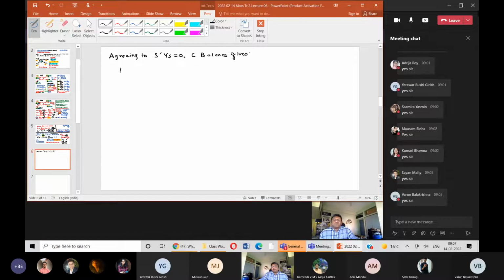C balance gives f dash xf is equal to m dash xm, right?